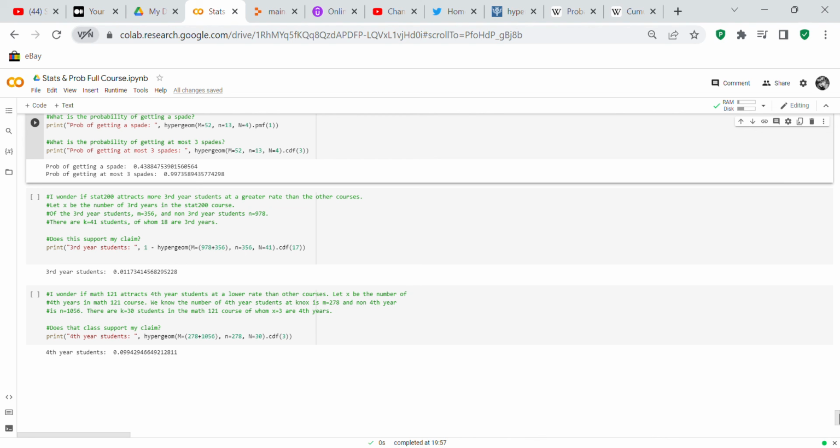Another N equals 41, because there's 41 students in the class. And 18, and then .cdf, and then you say 17, because 17 is 1 less than 18. And then your answer is 0.0173414. And that's exactly what you got in R.